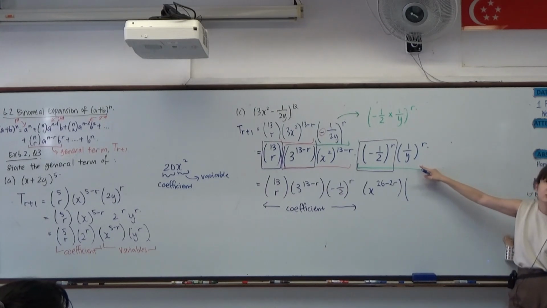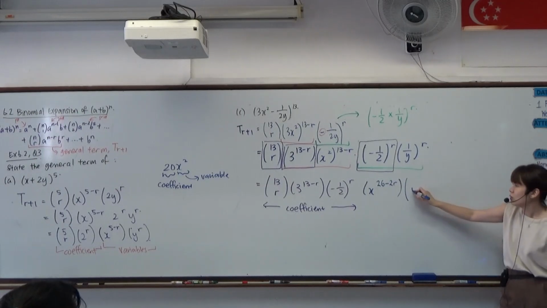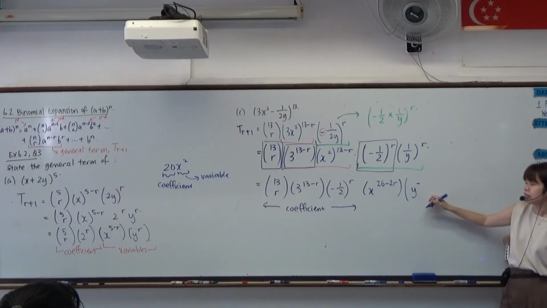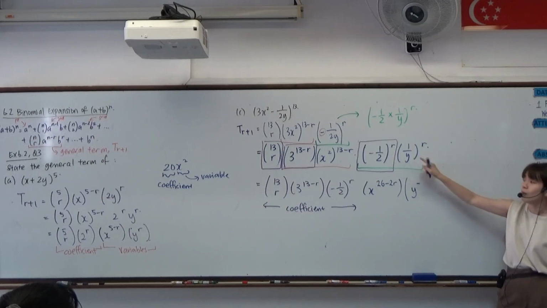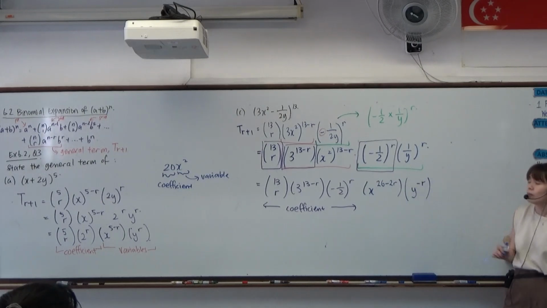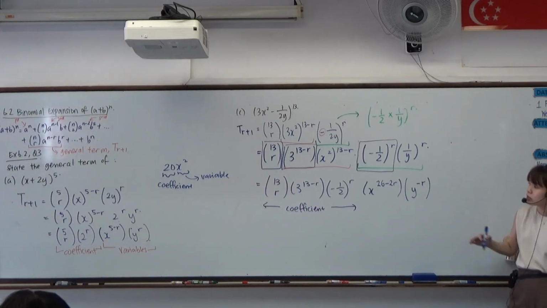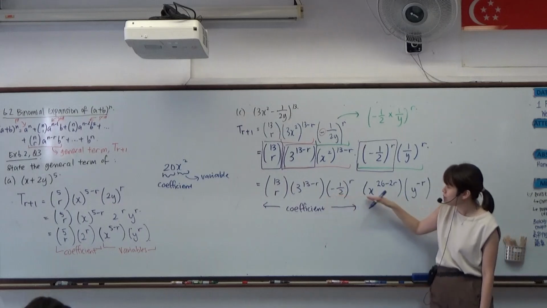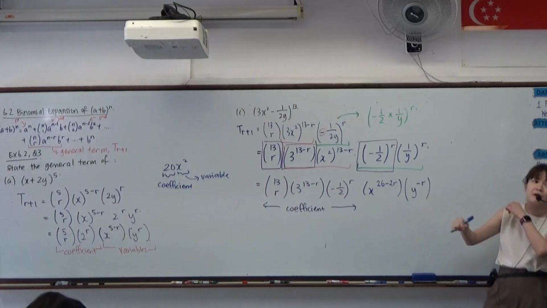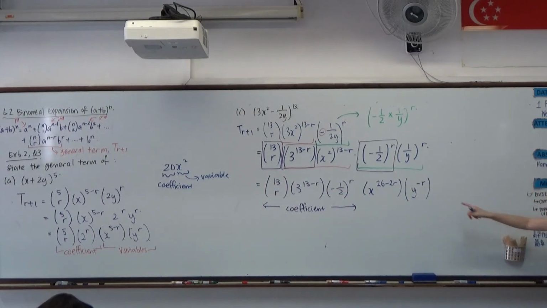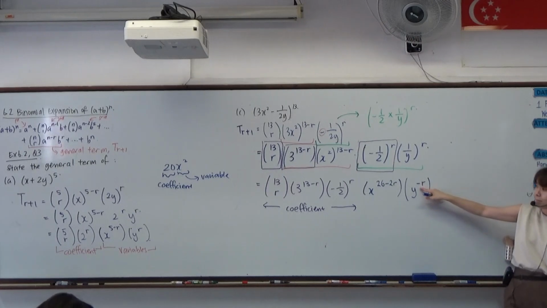We keep things in negative index form. So y to the power of negative 1 will actually be 1 over y, and we write it as y to the power of negative r. So usually we remove our variables from any idea of fraction. We write it as a negative index.